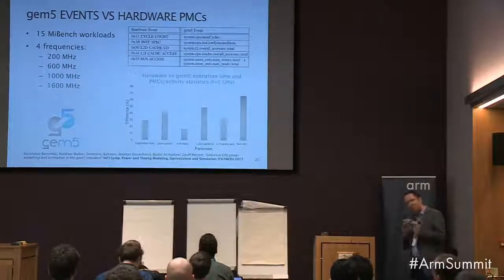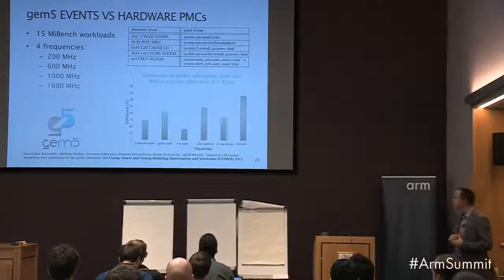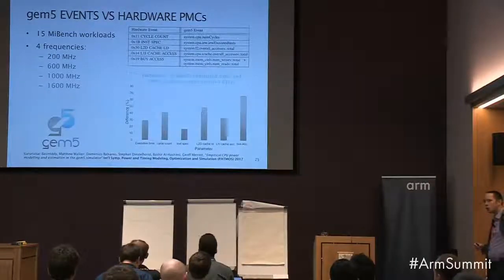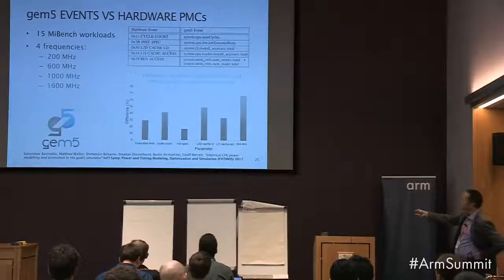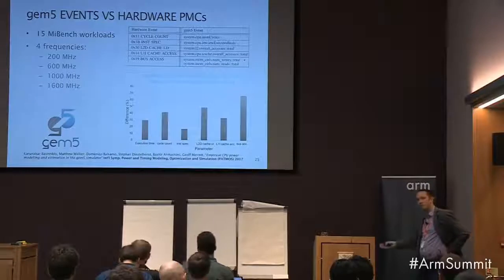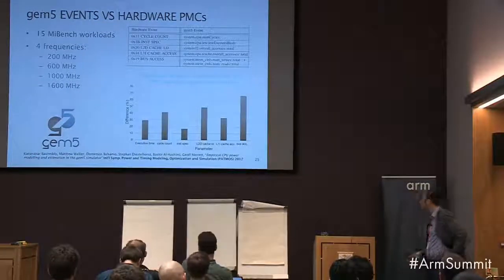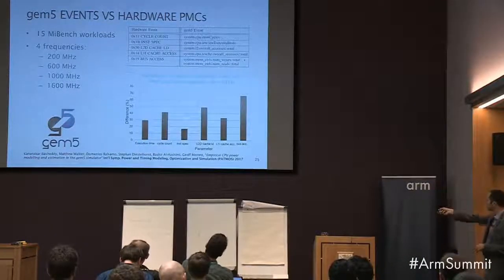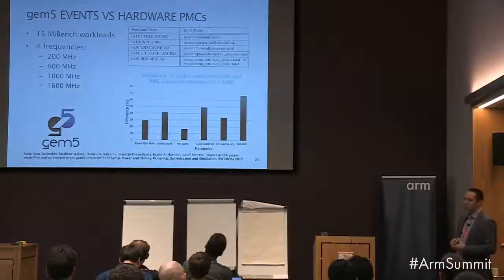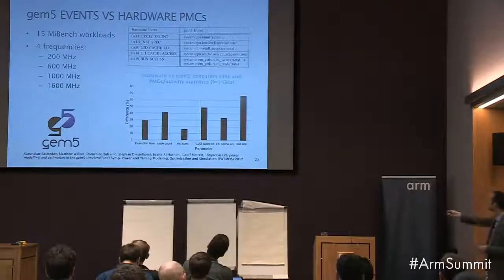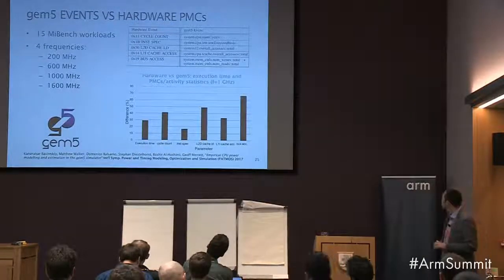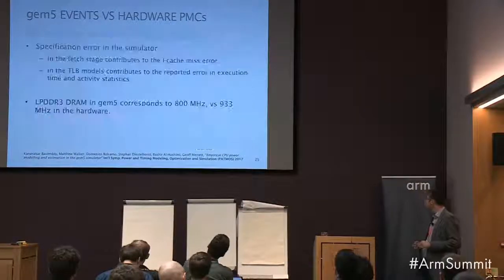And then quite interestingly, as I said, we looked at the correlation between these 2 things. And we actually saw quite a lot of difference between the statistics that came out of Gen 5 and the performance counters that we were getting from hardware. So around 30% difference in the execution time taken to execute the workload, and about 66% for bus accesses.